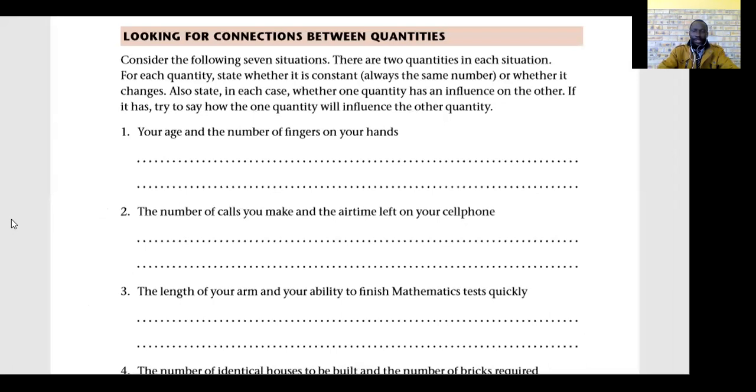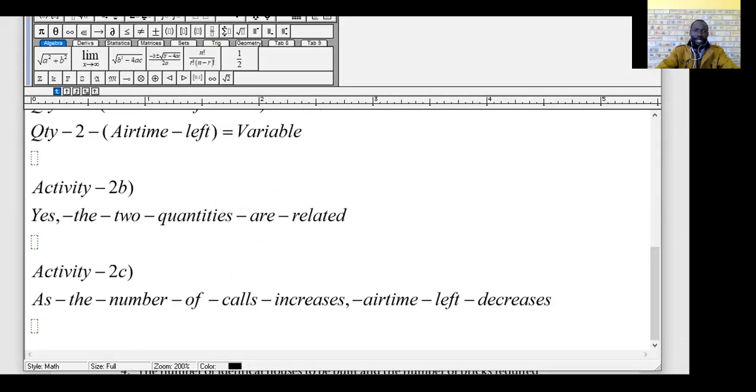Now, in the third activity, we have the length of your arm and your ability to finish a mathematics test quickly. There are two quantities there. The first one being the length of your arm. Yes, the length of your arm being the first quantity. So let's have this here.